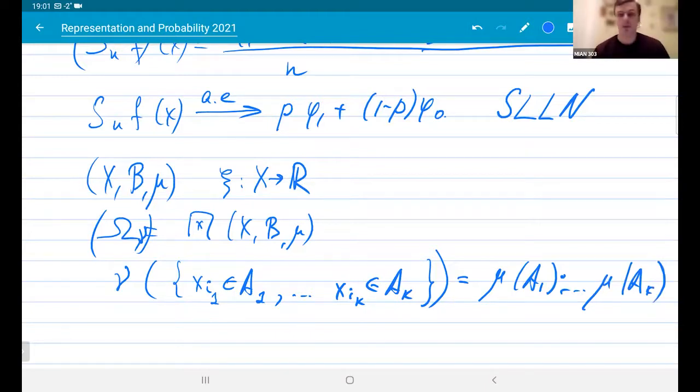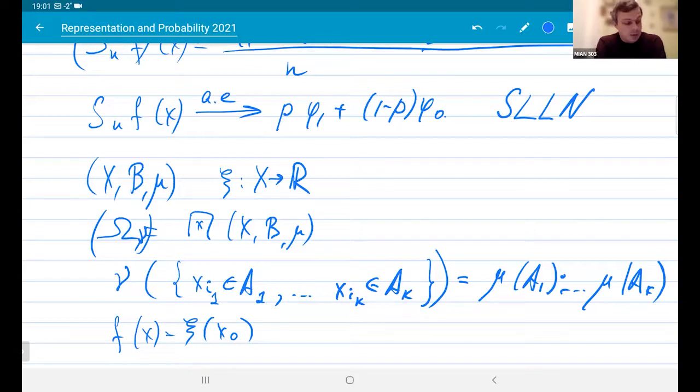Exactly the same as before. And then for this measure, you again consider the function f(x) = ψ(x₀). And then you have just a general case of the strong law of large numbers. So this is a dynamical interpretation of this law of large numbers.